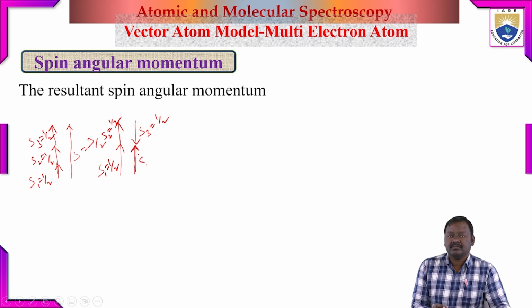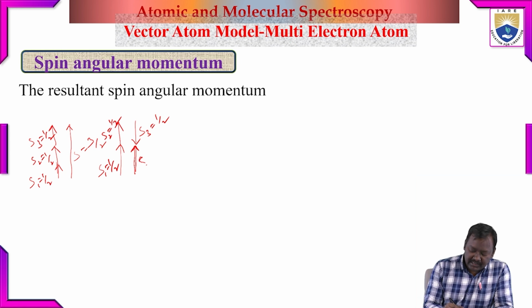But the resultant value, here only one electron is in the anti-parallel direction to the remaining two electrons, so the resultant spin angular momentum S equal to 1 by 2.